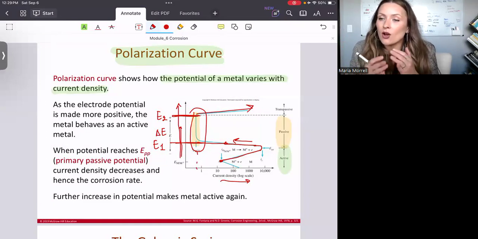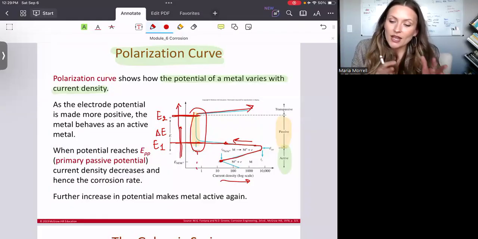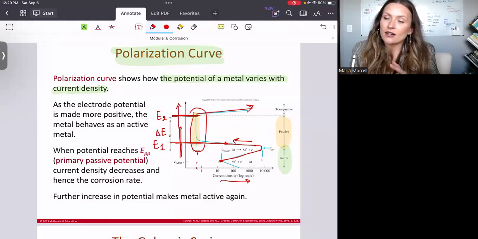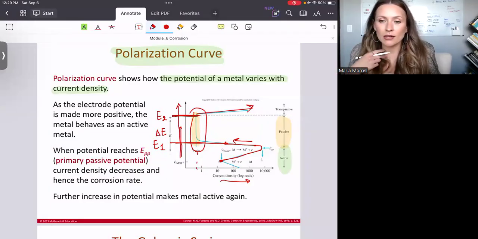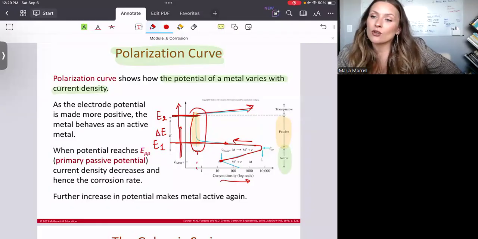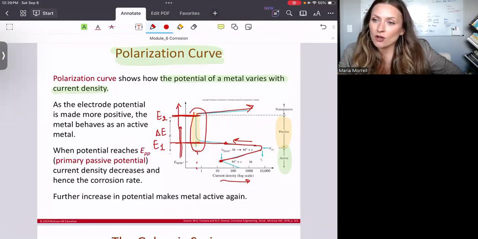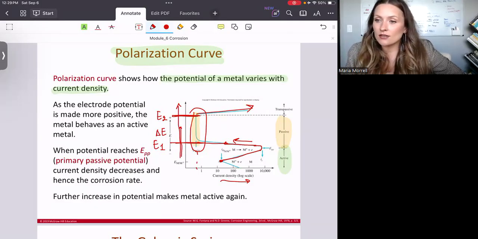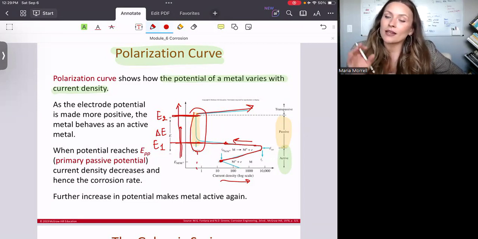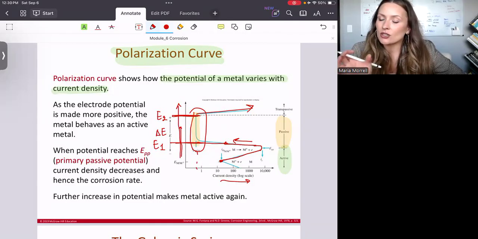That is the beauty of understanding polarization and knowing that there is such a phenomenon as passivation, or passive-active metal. Later on in this course, once we learn how to control corrosion, this phenomenon is going to be very important because it allows the metal to be protected by maintaining it at a certain potential.